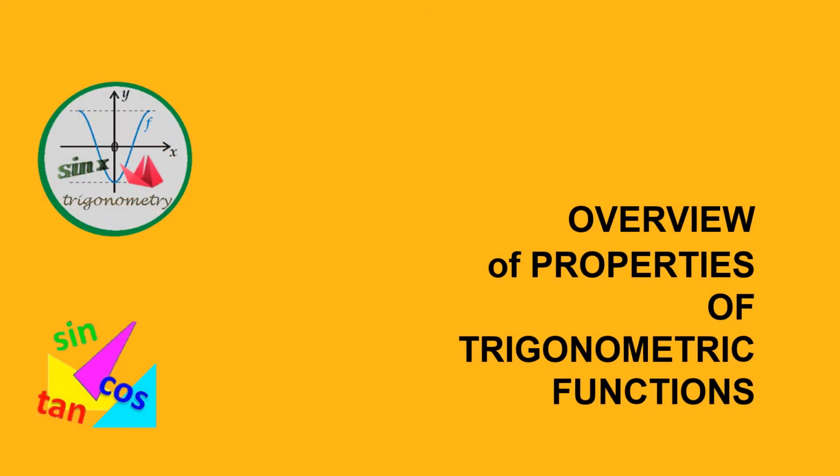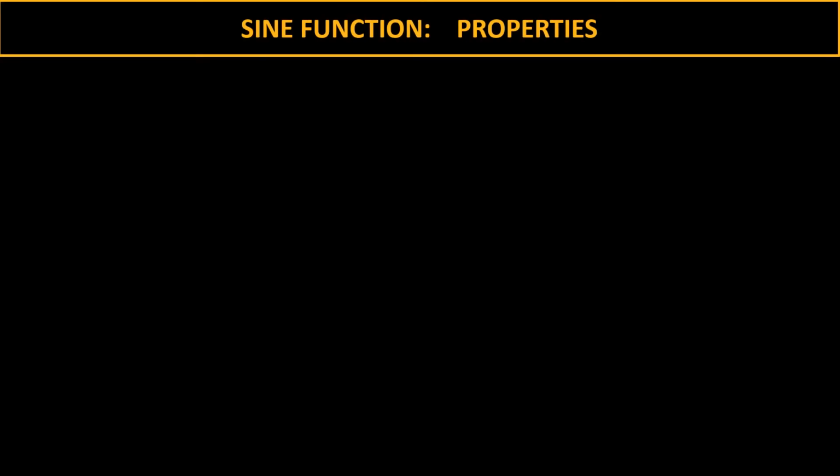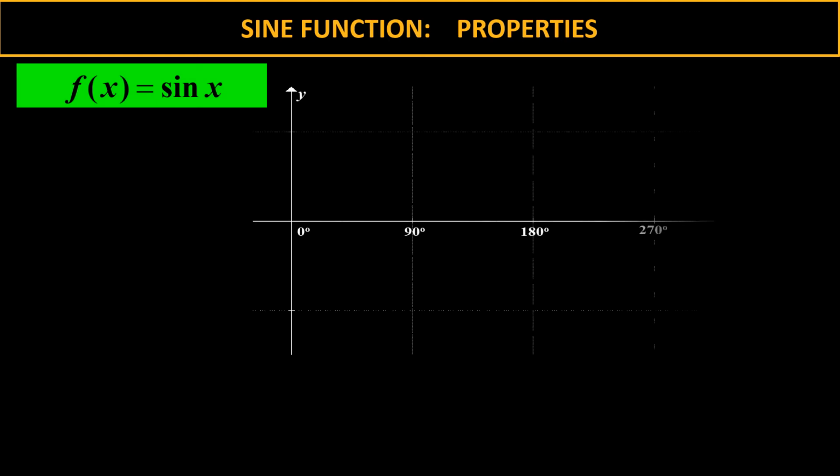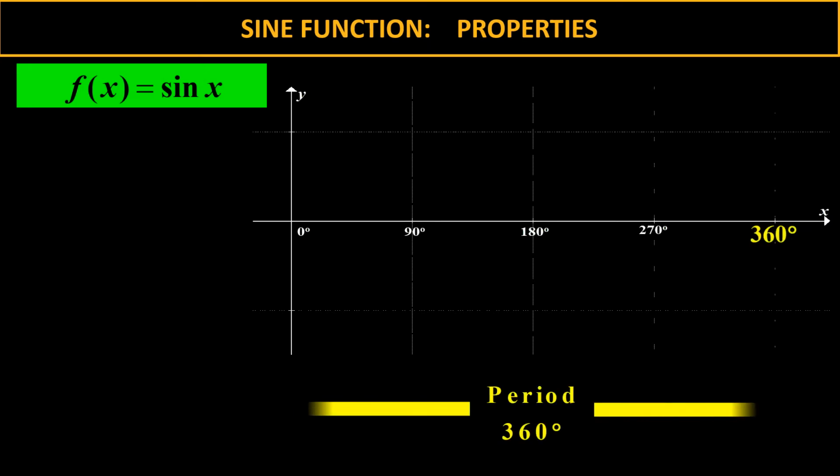So let's start with the overview of properties of trigonometric functions. Let us start with the sine function and its properties. Let's look at the graph there. First of all, what's important about the sine function is that it has a period of 360 degrees.